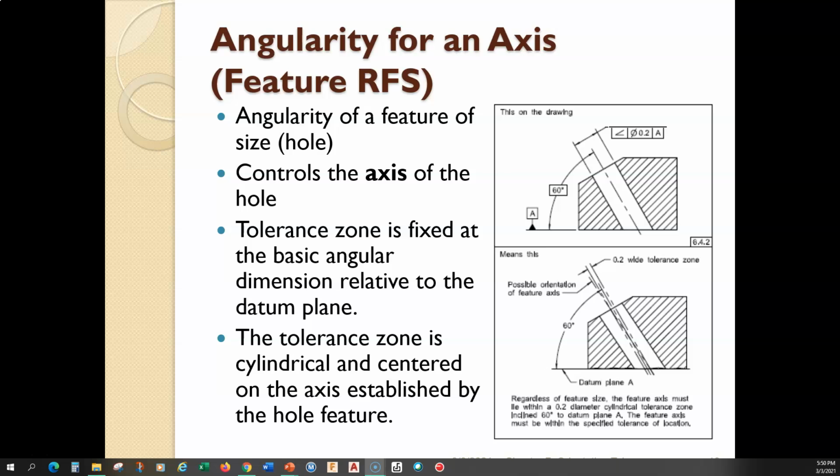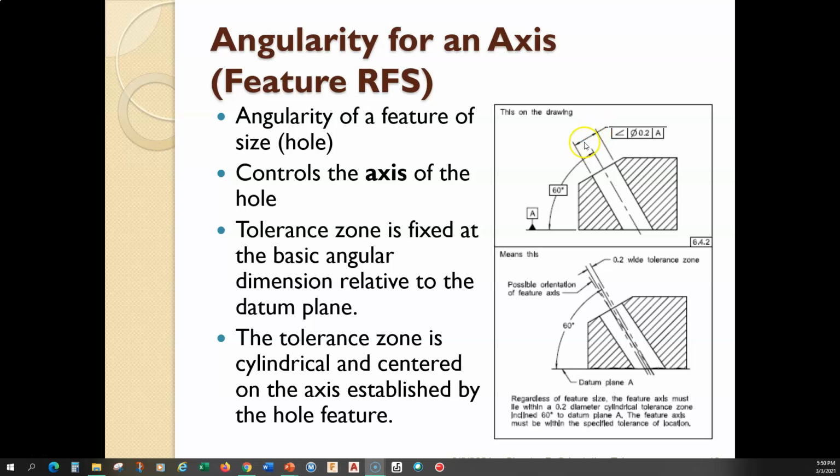Okay. So here's some more examples of feature of size application. So here's angularity for an axis, right? So here we want to control the angular orientation of this hole. So we apply the angularity tolerance to the size of the hole.